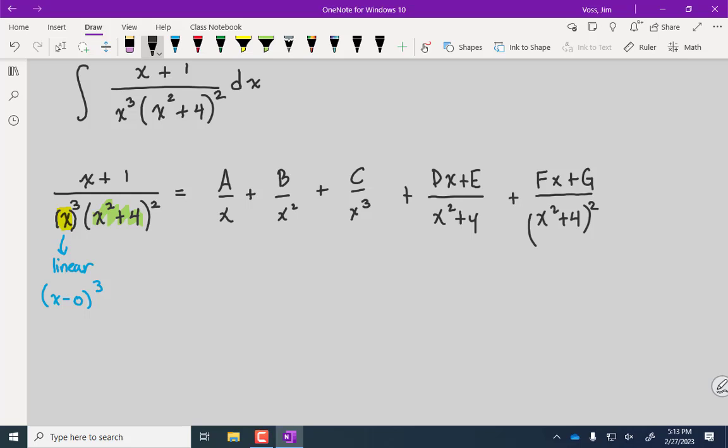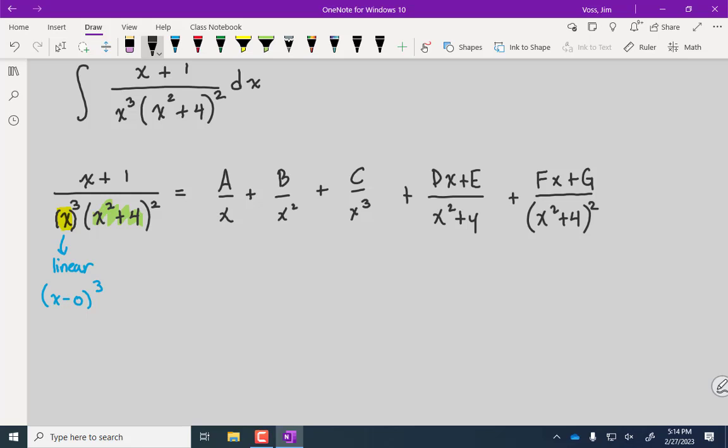Do you see that as linear? Everybody else see it's linear? x minus 0 is linear raised to a third, so we have to repeat that linear 3 times. And then the quadratic is raised to the 2, so we need two fractions, one for each power.